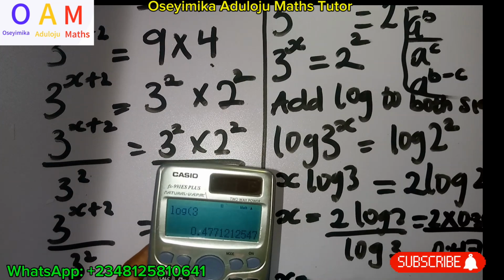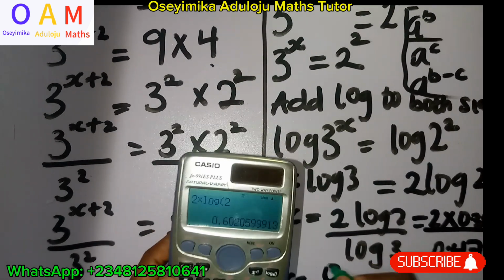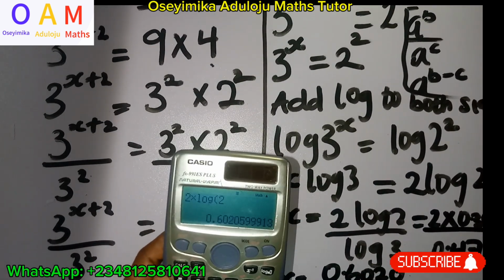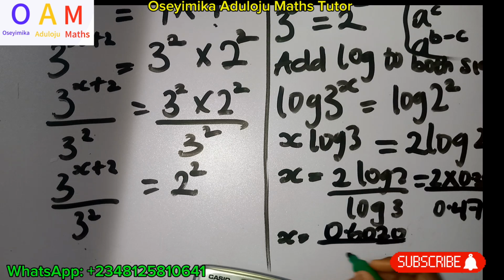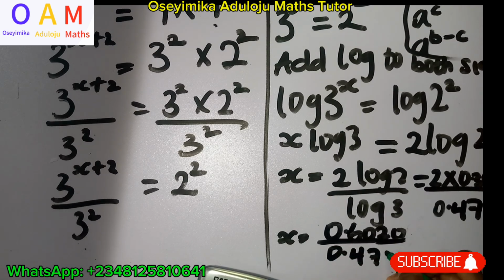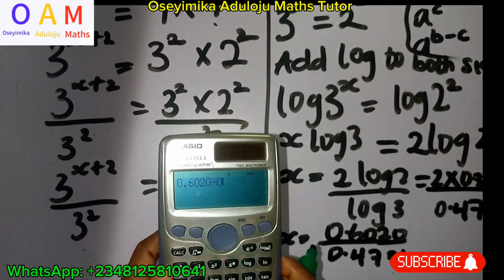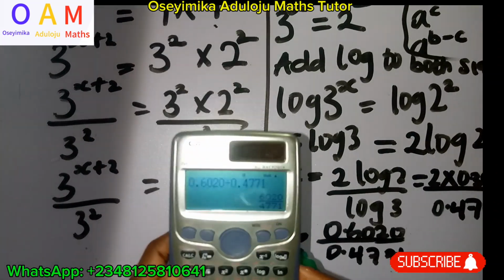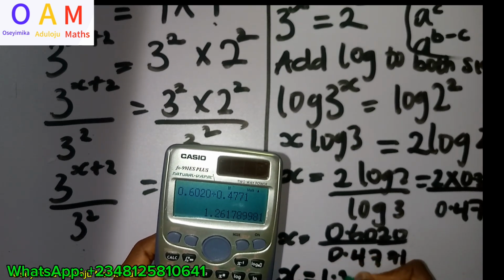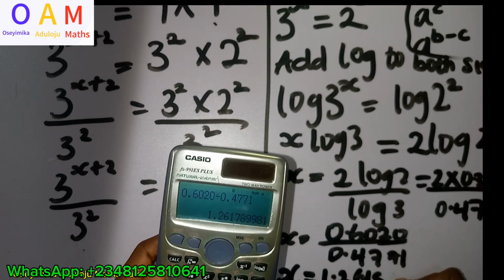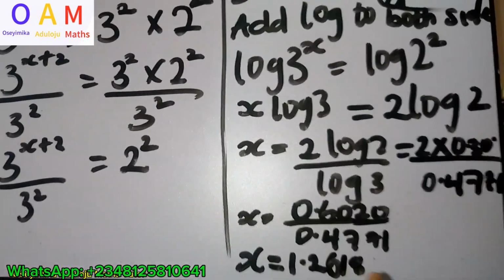So our x equals 2 multiplied by log 2, which equals 0.6020, divided by log 3, which is 0.4771. When we divide 0.6020 by 0.4771, we get 1.2618. So our x equals 1.26. So that is the answer to the question.